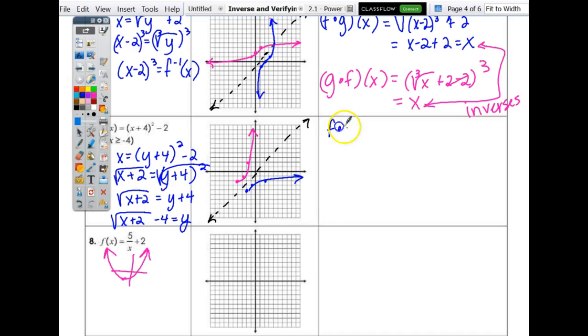So let's do f of g of x. So this is my inverse. So I'm going to take this and put it in for x. So this is going in for x.